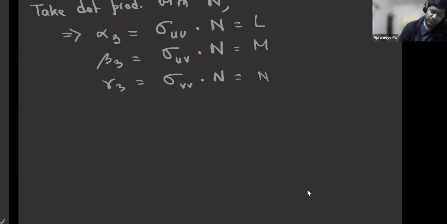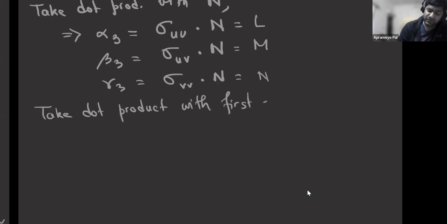So what I will do now, I will take the dot product with only the first equation, first by sigma u and then by sigma v.